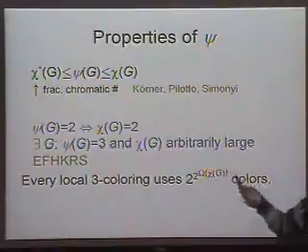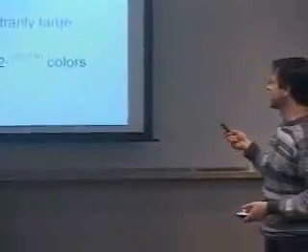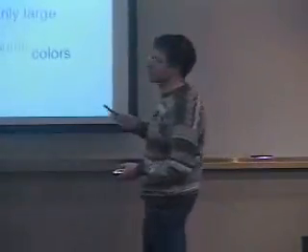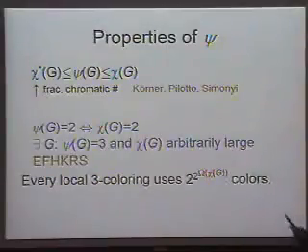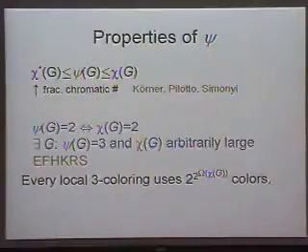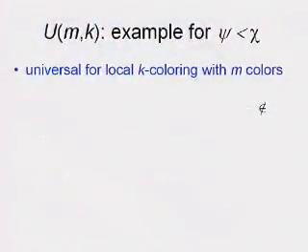This is doubly exponential in the chromatic number. So there are examples, but those examples are huge. If you want to make the chromatic number big, then you must start with a huge graph, and the local 3-coloring will also use a huge number of colors. And so this is an example for that.